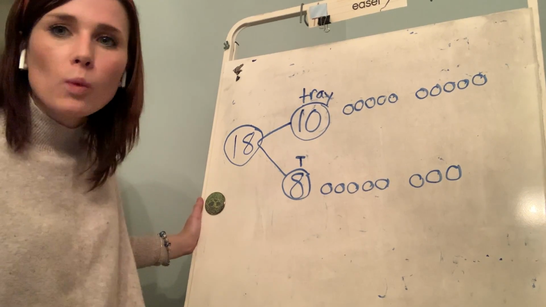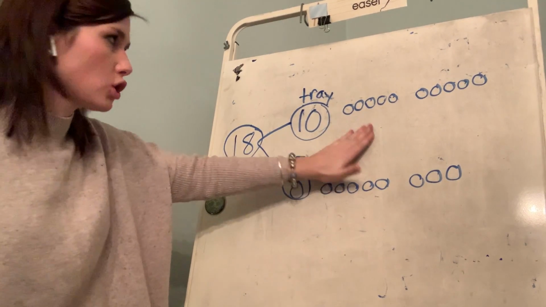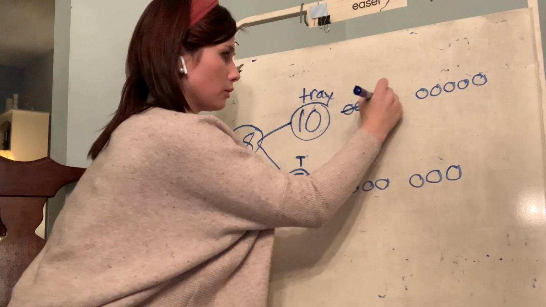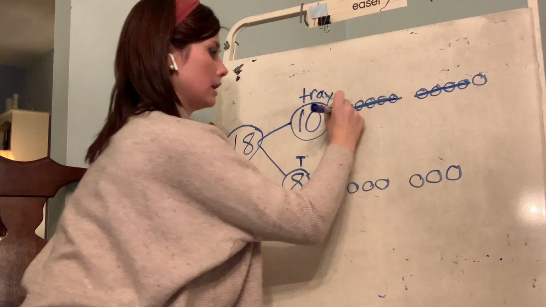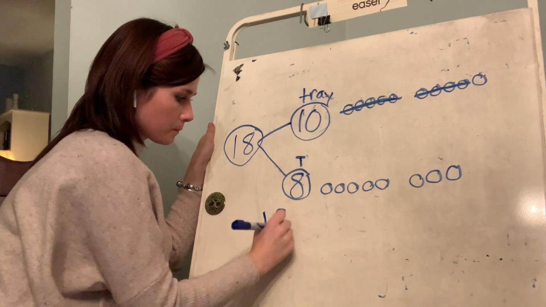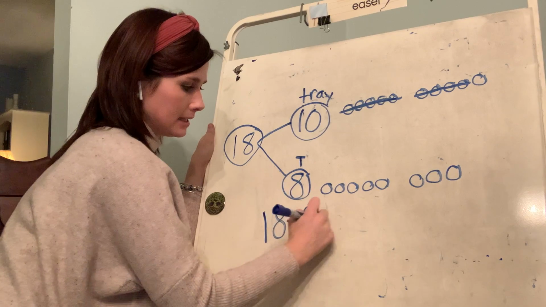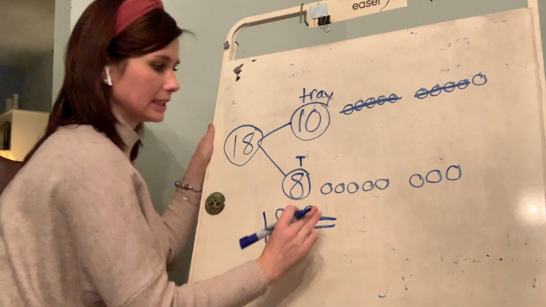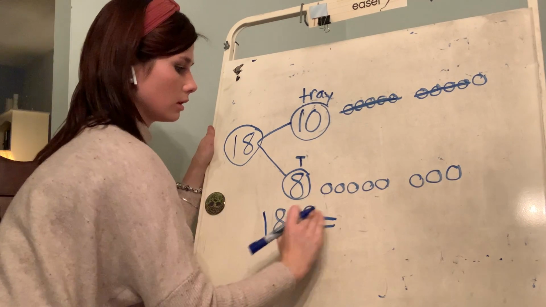So boys and girls, we need to cross off 9 from the tray to figure out how many are chocolate. 1, 2, 3, 4, 5, 6, 7, 8, 9. So we had 18. How many did we take away? The 9 vanilla to figure out how many are chocolate. So these ones are chocolate.